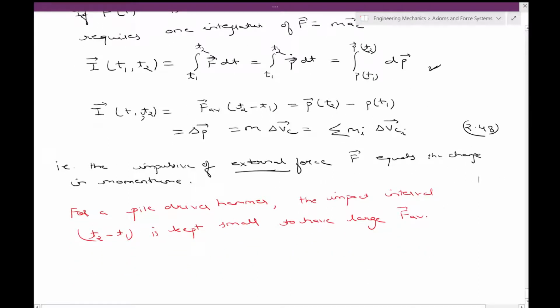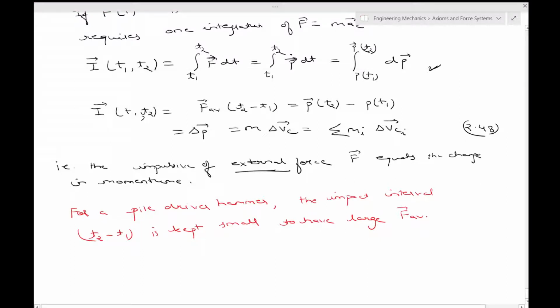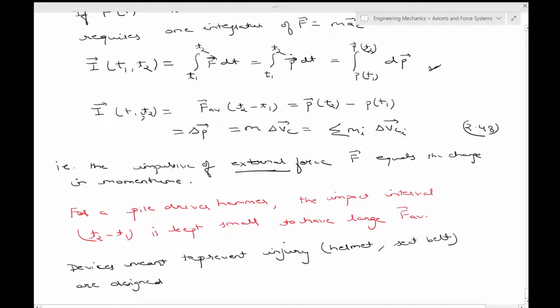Okay, similarly devices meant to prevent injury, like a helmet or a seat belt in a car, are designed to increase this time t2 minus t1, so as to decrease this F average.